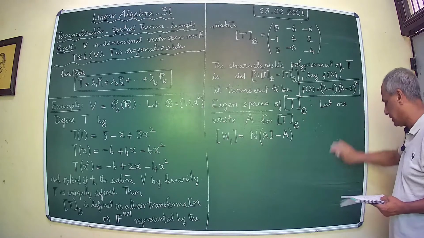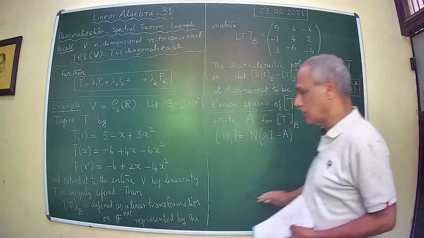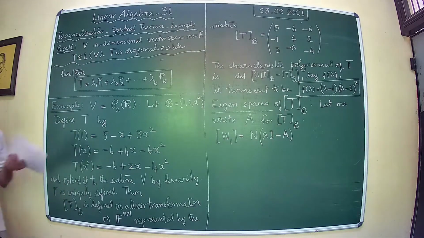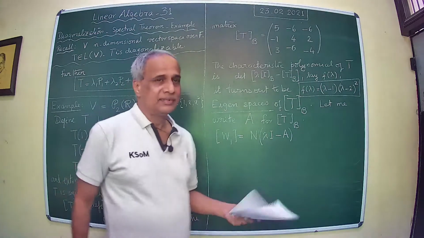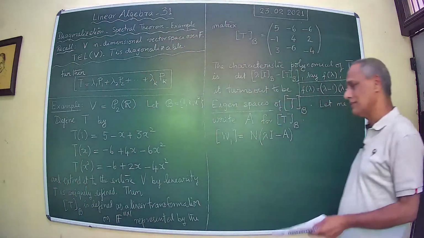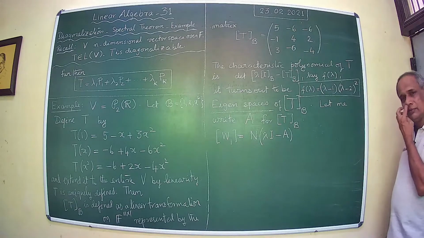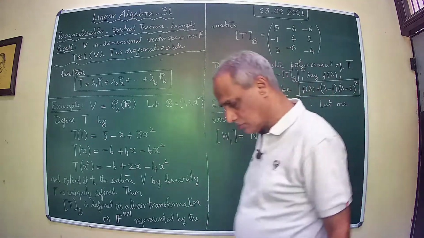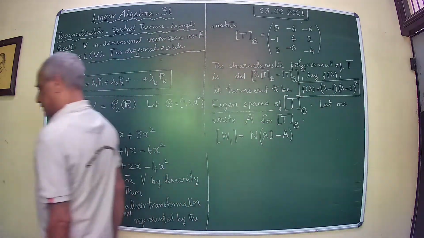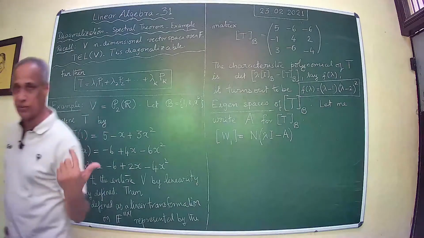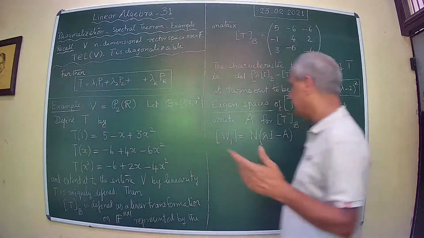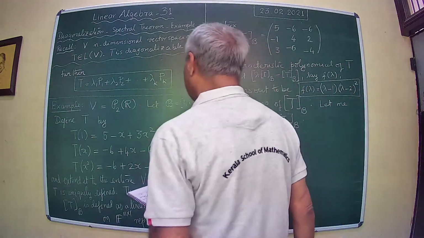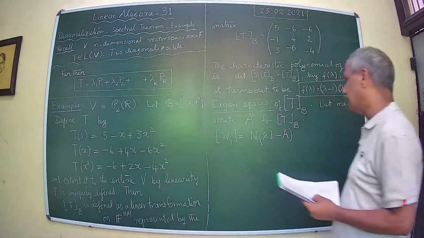As I was telling, F n cross 1 is a copy of V. Whatever action is going on in V, there is a corresponding action going on in F n cross 1 and vice versa. Therefore, if you analyze what is going on in F n cross 1, which is easier to compute, then from that you can work backwards and see what is happening in V. So that's the strategy that we use.